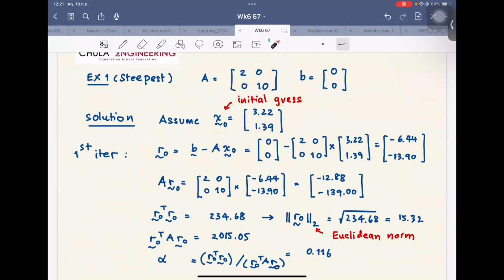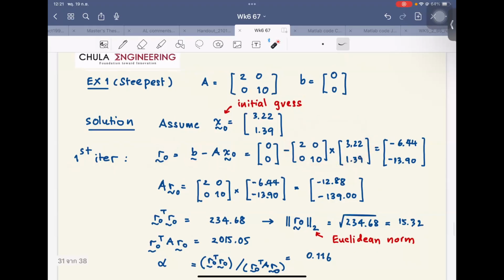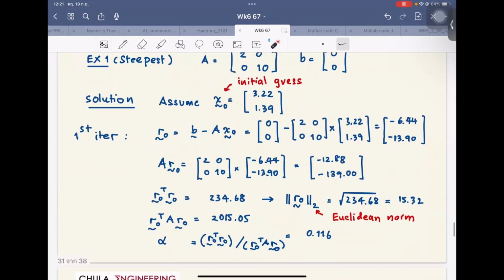First iteration, you compute r0, the residual vector b minus Ax0. Now you do the matrix vector multiplication and you get r0. And then you compute Ar0, do the hand calculation, and get the vector.